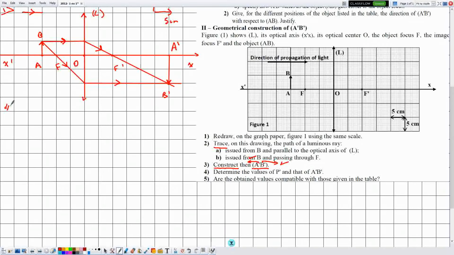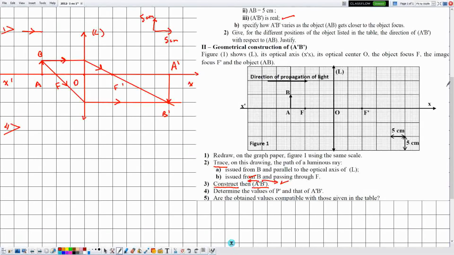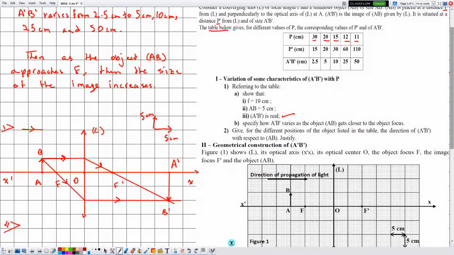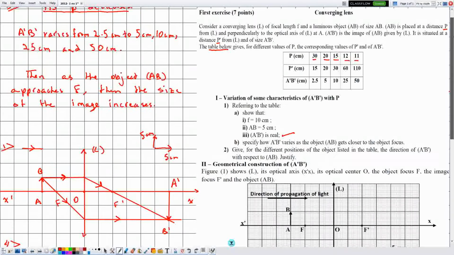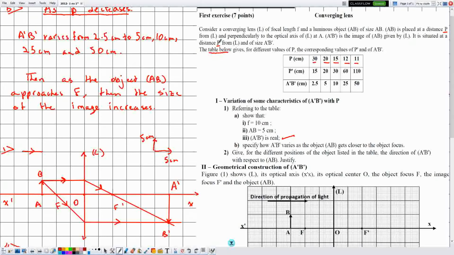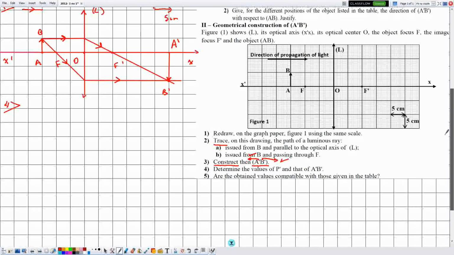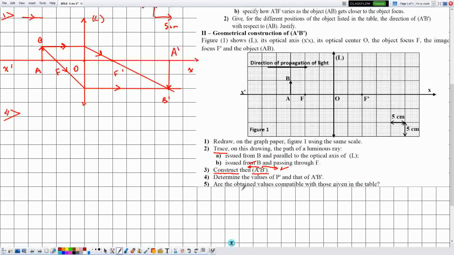Now in part 4, they are telling me determine the values of P prime and that of A prime, B prime. Notice that this part is in part 2 of this exercise, so we will refer to the graph. What does P prime represent? From the given text in the beginning of the exercise, independent of which part, P prime represents the distance lens image, and A prime, B prime is the size of the image. Then now we need to calculate P prime graphically.